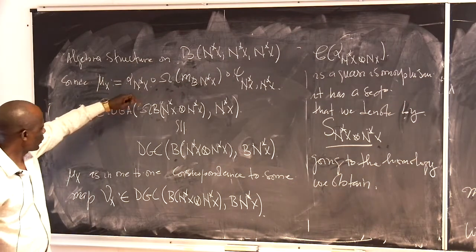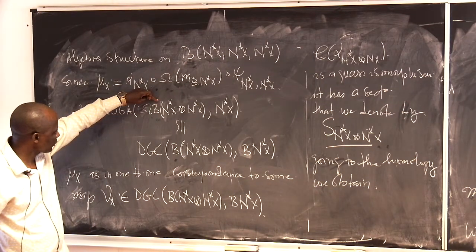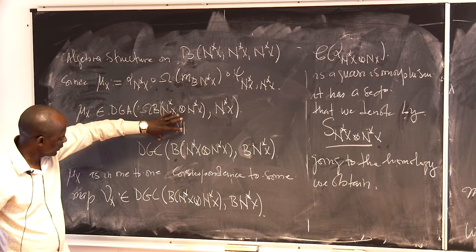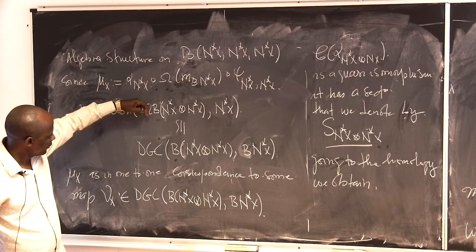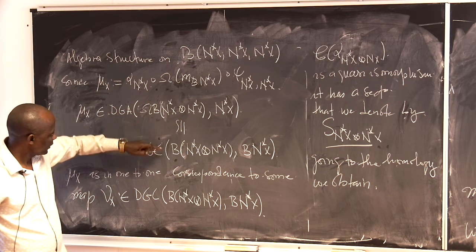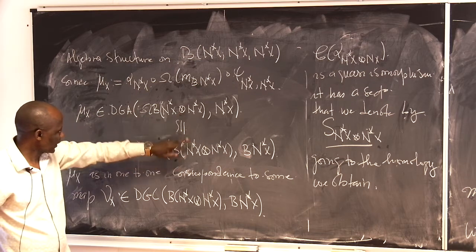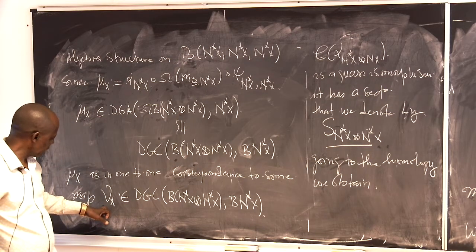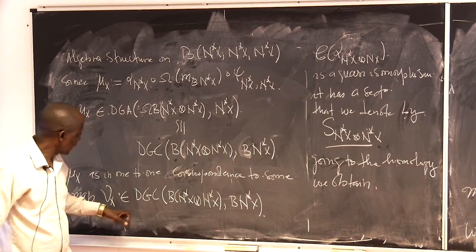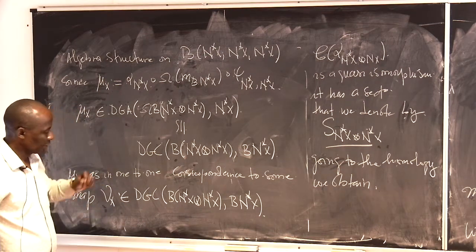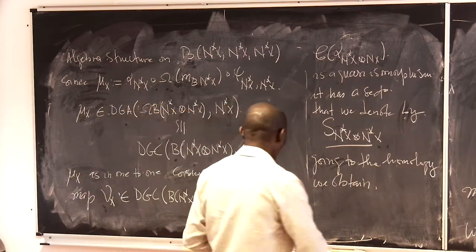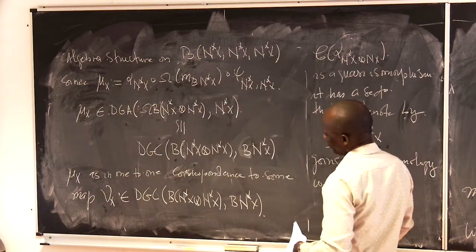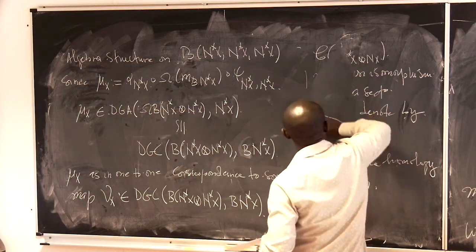Because the two functors, the bar construction and the co-bar construction, are adjoint functors, we have this bijection here. Since we have this map, there exists a map denoted by nu x, so that the last one is the image of the first one through the bijection.